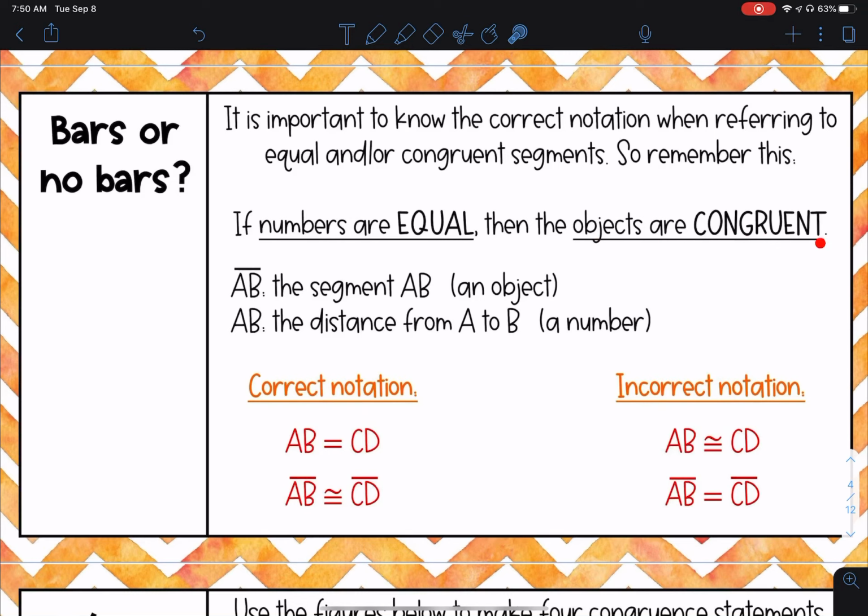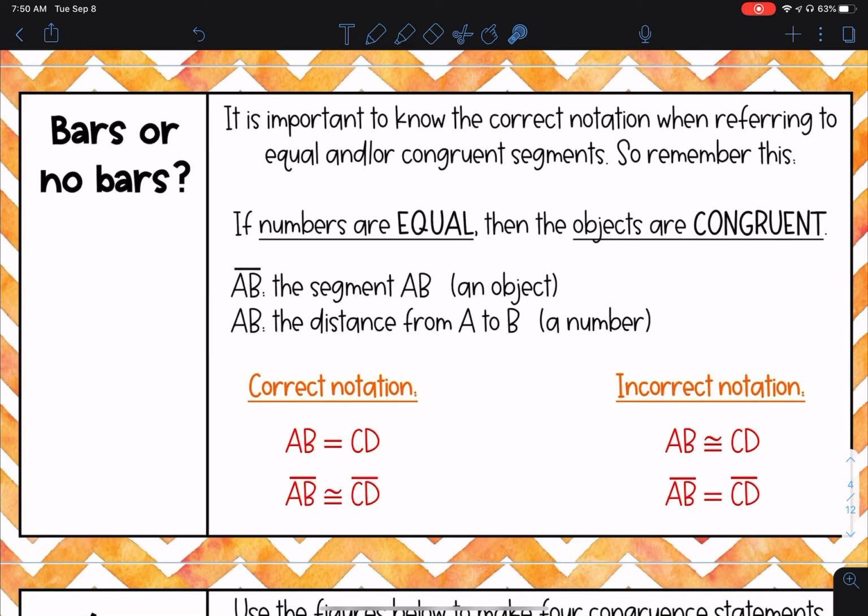Okay. So down here you have the correct notation and the incorrect notation. Numbers are equal, objects are congruent. So remember, if we don't have the bar on top of the name, then that means we're talking about their distance, which is in numbers.